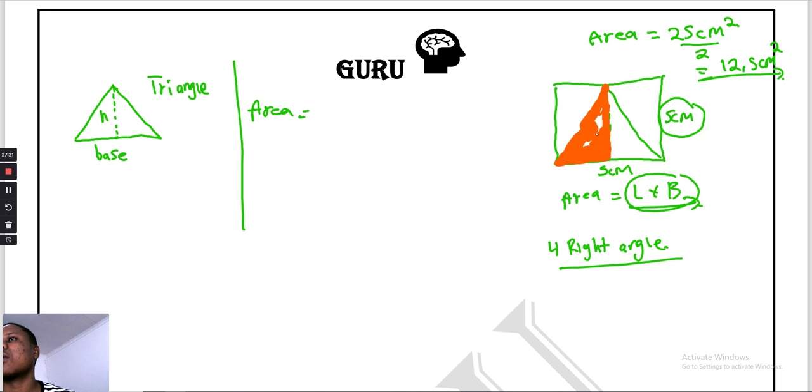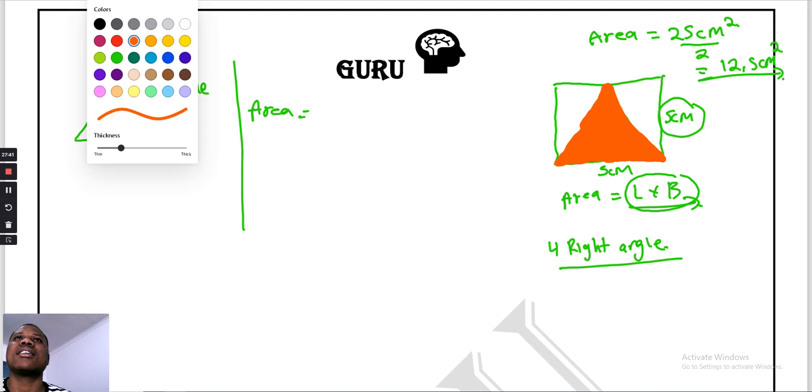Right, we are talking about this one, and this one. Look, these are our 2 right angle triangles. These ones. Let me reduce my scale, and let me go back here.